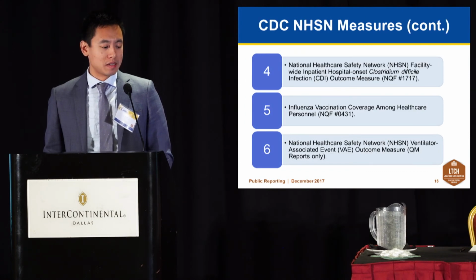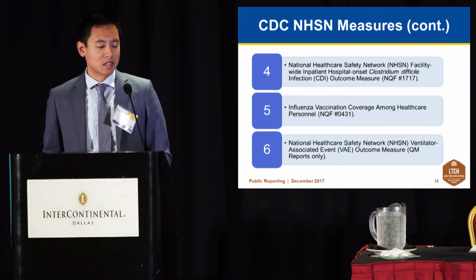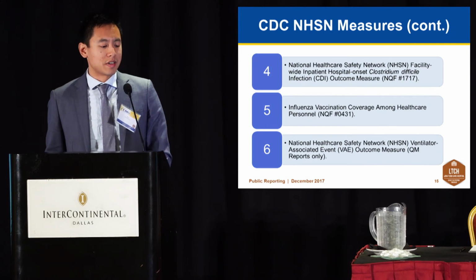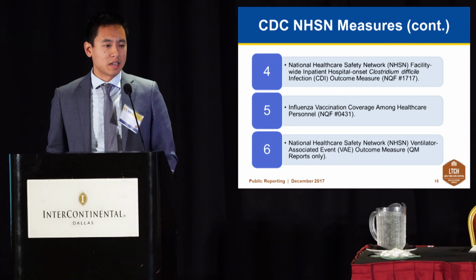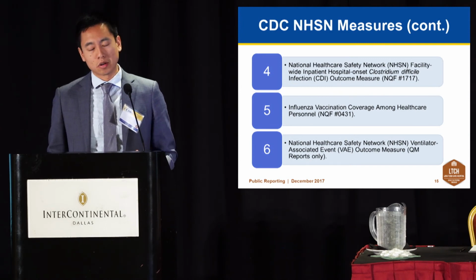And then the next 3 are the facility-wide inpatient hospital onset CDI outcome measure, influenza vaccination coverage among healthcare personnel, and lastly, the ventilator-associated event outcome measure, which are only available in the confidential feedback reports, the QM reports, which we'll go over in a bit.